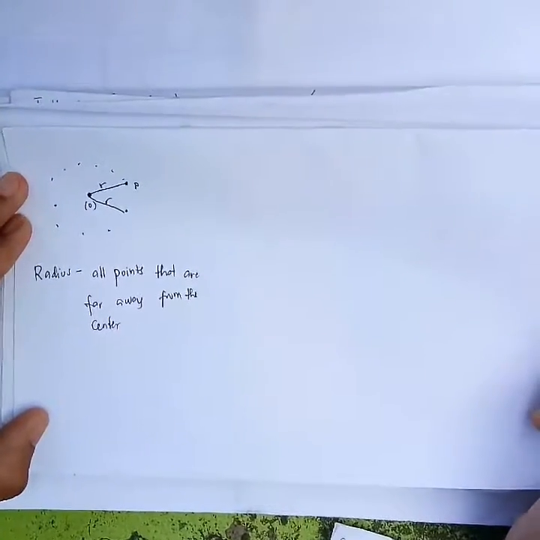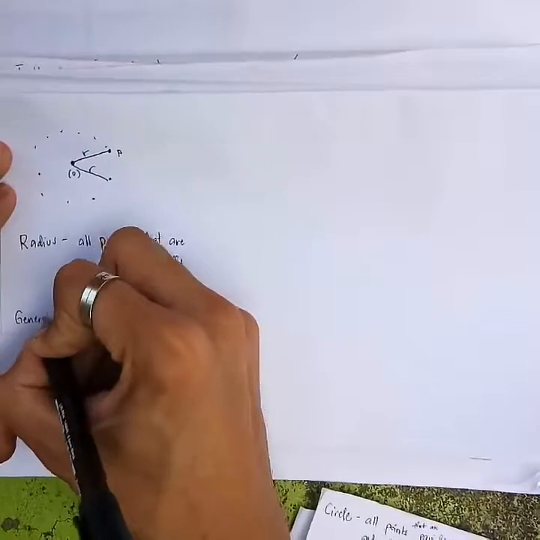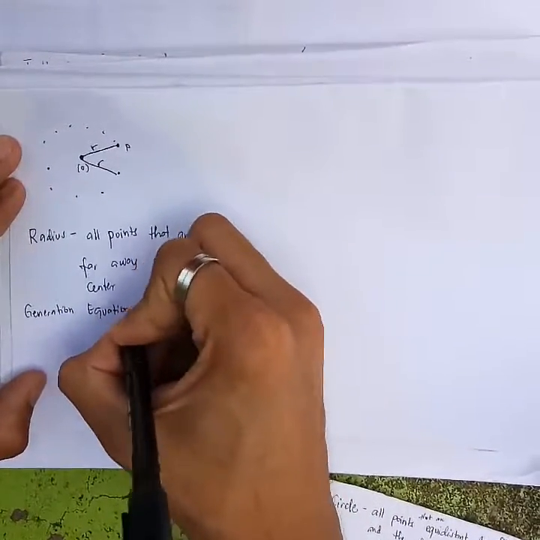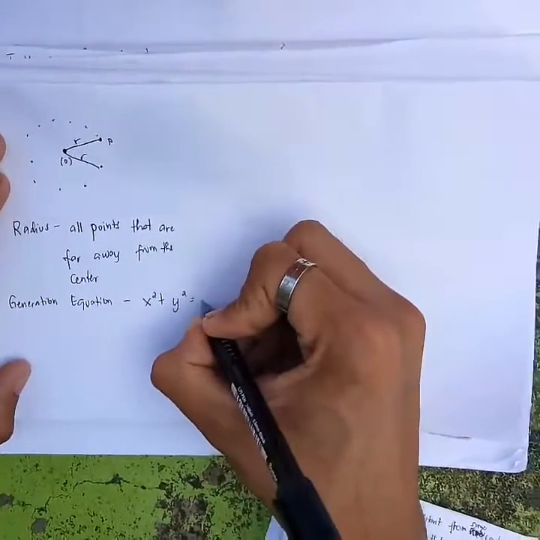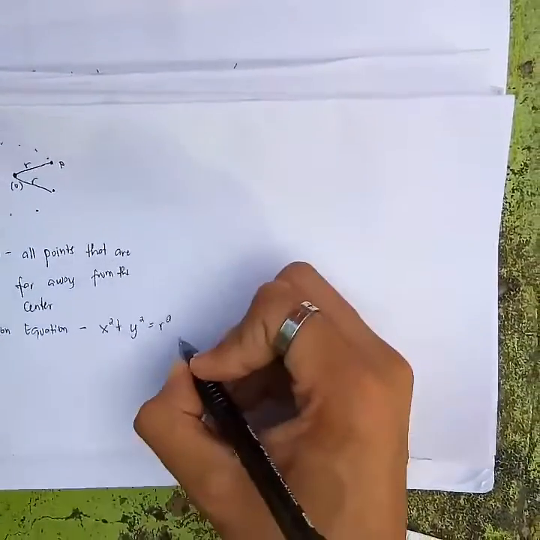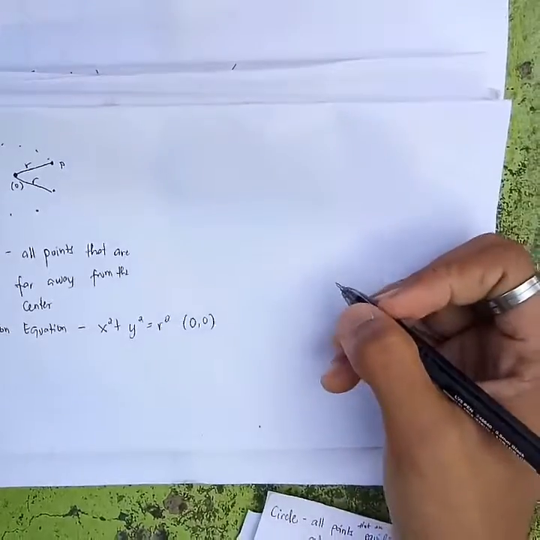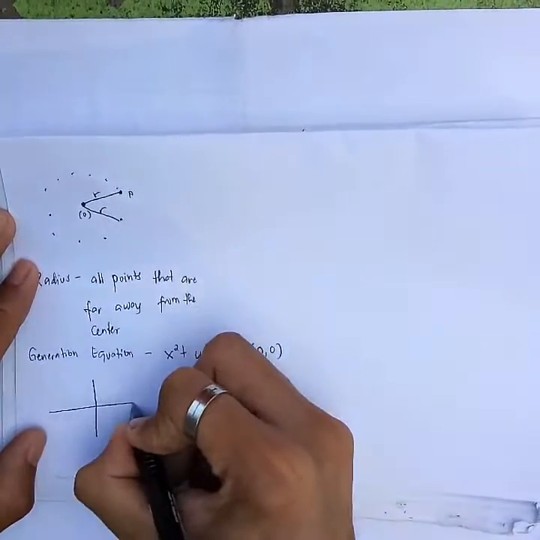Let's go to the general equation of the circle. The general equation of a circle is x squared plus y squared is equal to r squared, if the center of this is 0, 0. The graph of this is in the Cartesian plane.